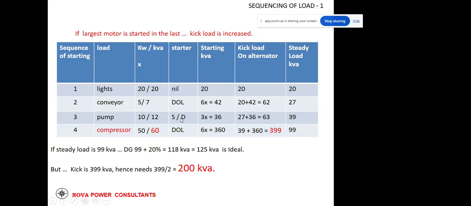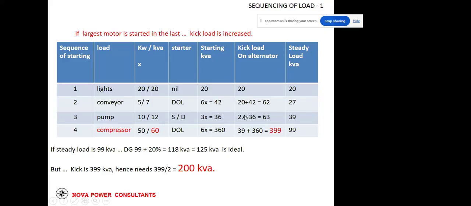Now the pump has a star delta starter. For a star delta starter, the starting kVA or the kick is 3 times. So here, for 12 kVA load multiplied by 3, that will be 36 kVA starting.